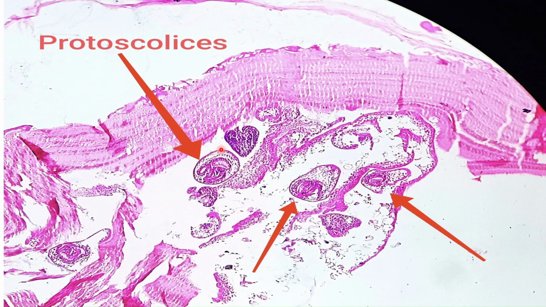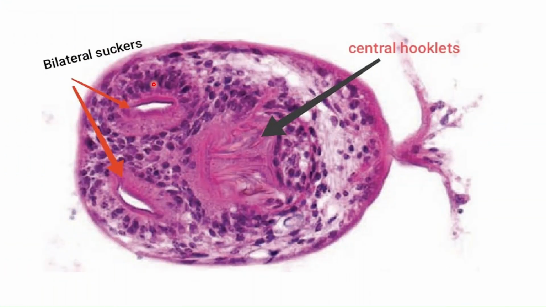These are the protoscolices which contain suckers. So this is the high power view of the protoscolices containing bilateral suckers and central hooklets.